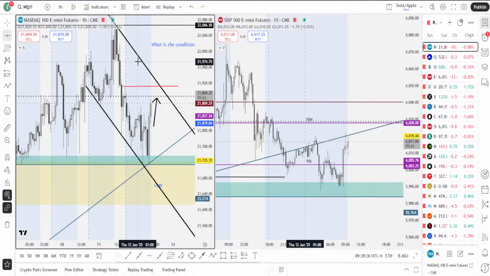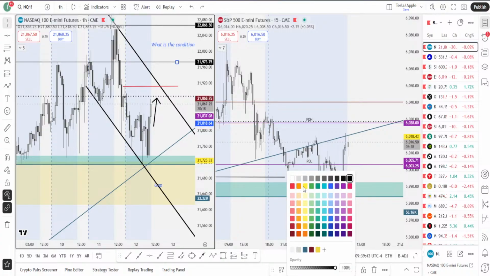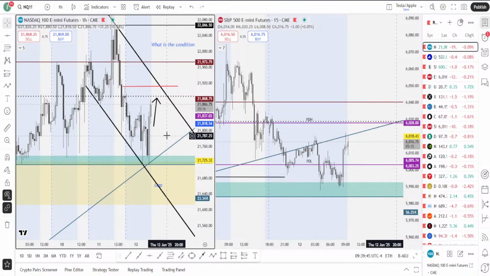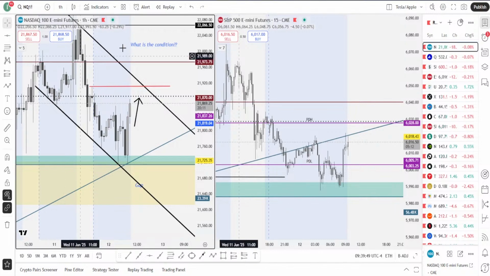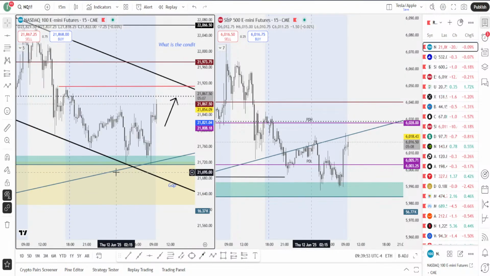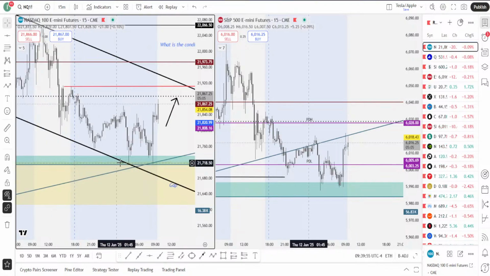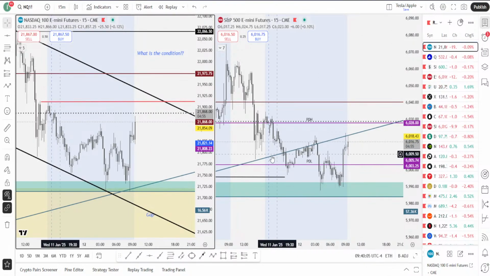We have resistance up above right here. And we're awful close to that previous day close.